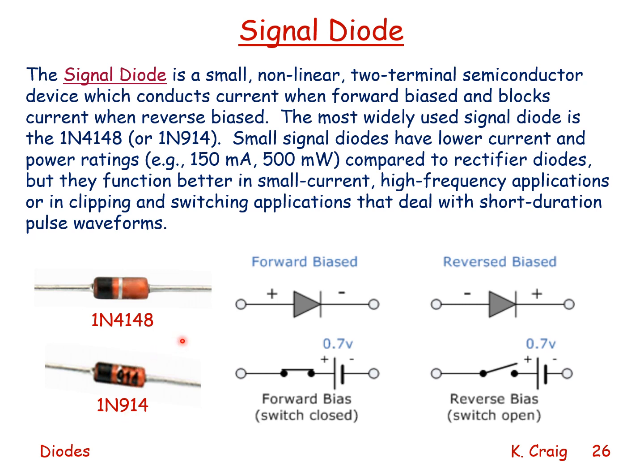Small signal diodes have lower current and power ratings, usually 150 milliamps, 500 milliwatts, compared to rectifier diodes, but they function better in small current, high frequency applications or in clipping and switching applications that deal with short duration pulse waveforms. Here we see the signal diode forward biased with the 0.7 volt threshold. It behaves like a short circuit. Here we see it reverse biased, behaving like an open circuit.